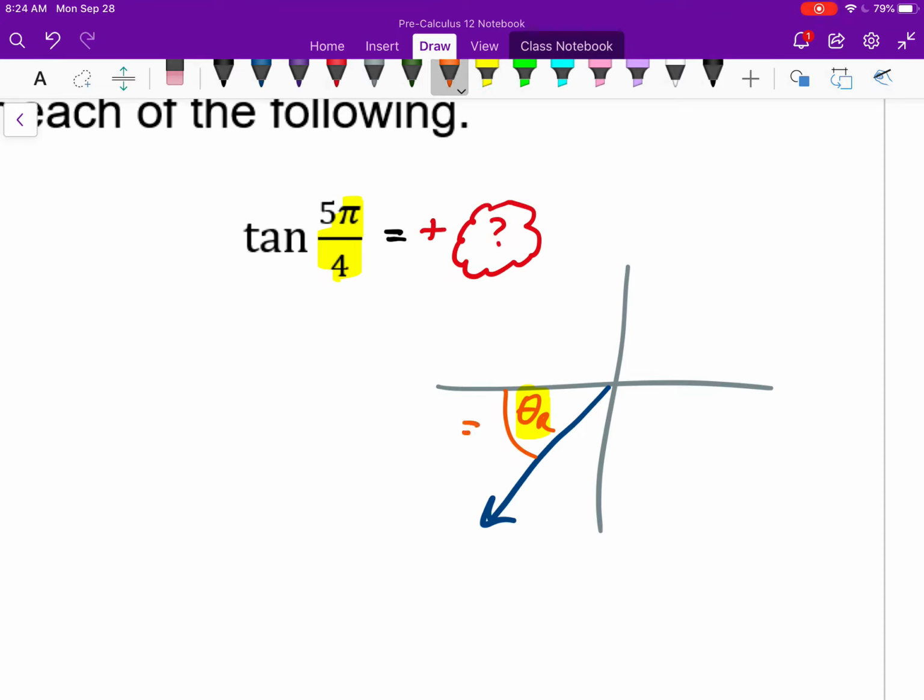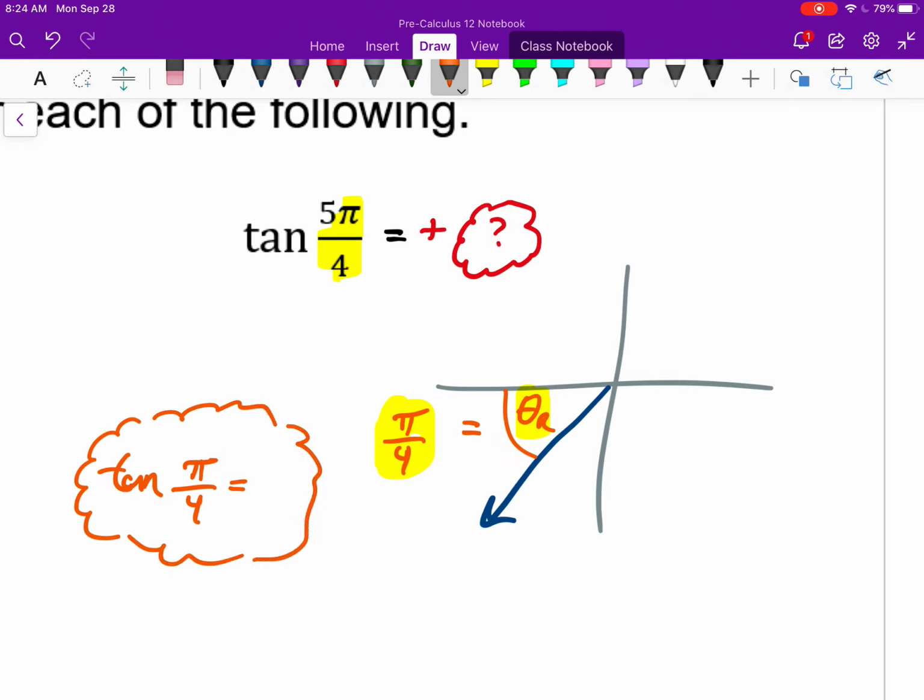So I know this is pi over 4, which is 45 degrees if you want. And so now I've got to think about, what is the tangent of pi over 4? What is the tangent of 45 degrees? That is 1. And so I know the tangent of 5 pi over 4 is positive 1, or just 1.